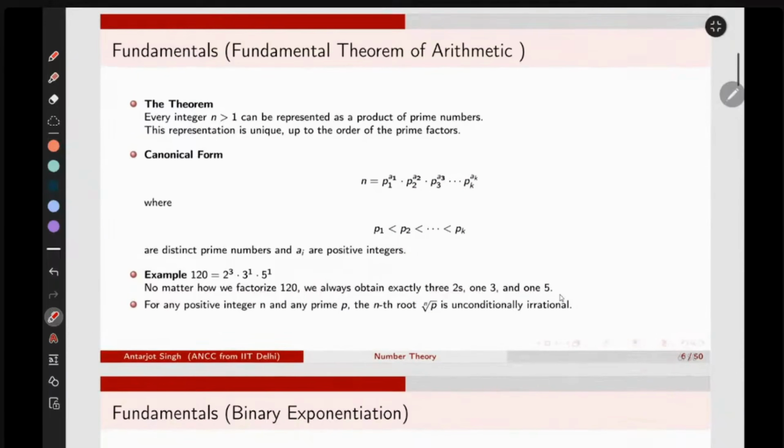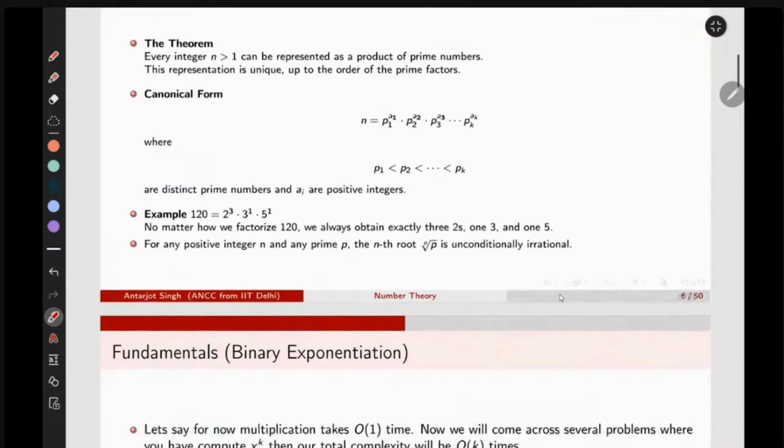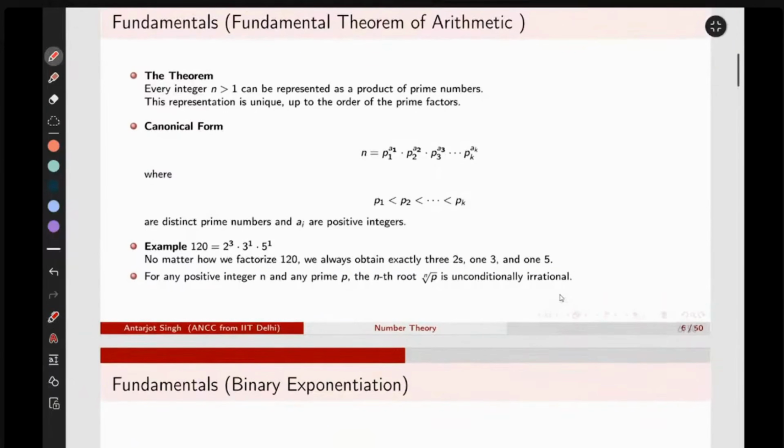For example, 120 can be written as 2 to the power 3 into 3 into 5. There is no other number which has the same representation as 120, because it is unique. And for every positive integer, the nth root of a prime number is always irrational. It can be used sometimes when we study continued fractions. That's why I wrote this here.